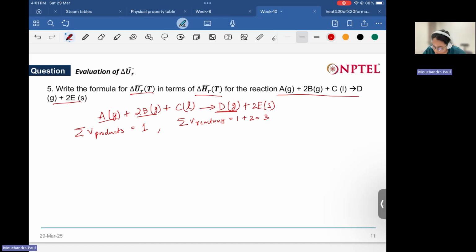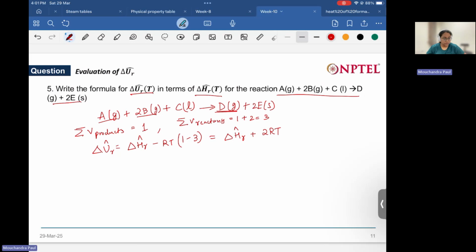So the change in internal energy will be the heat of reaction minus RT into product minus reactant. So it will be delta HR hat plus 2 into RT.